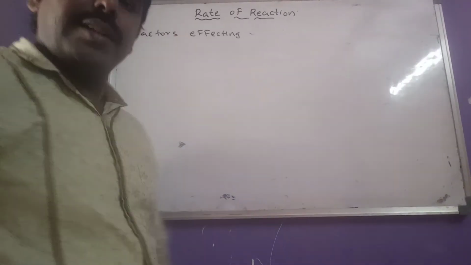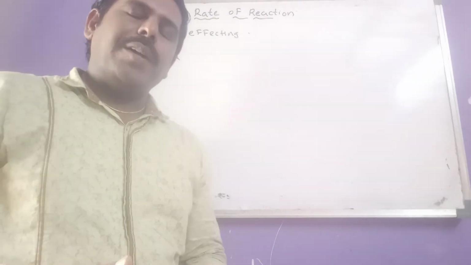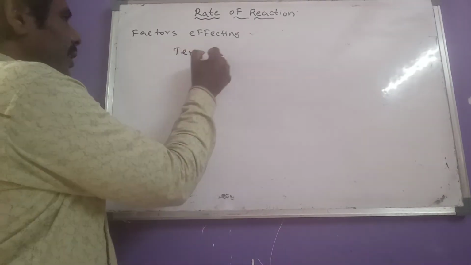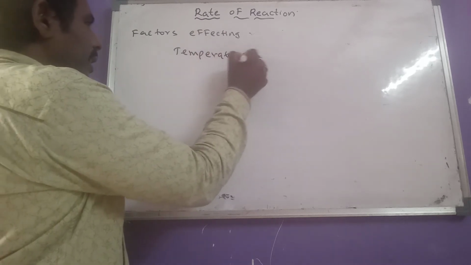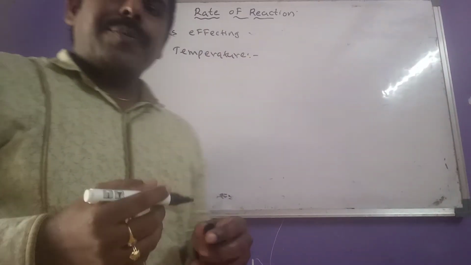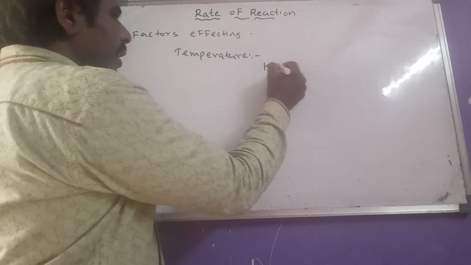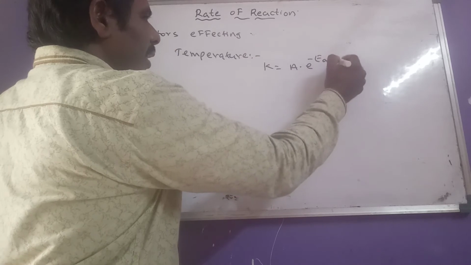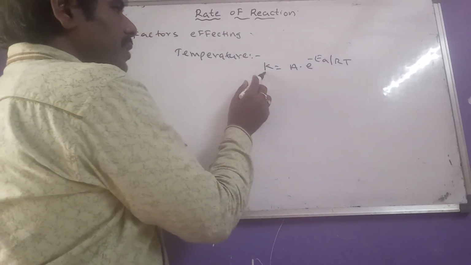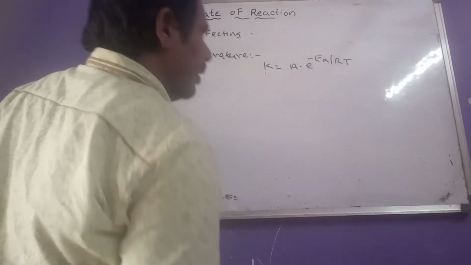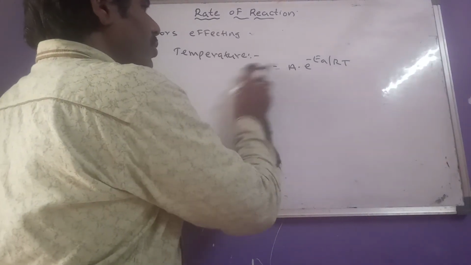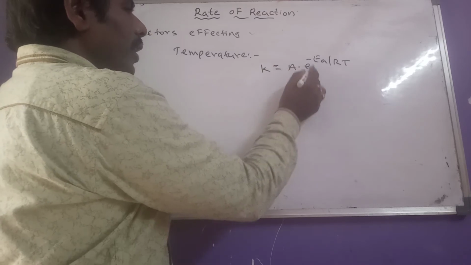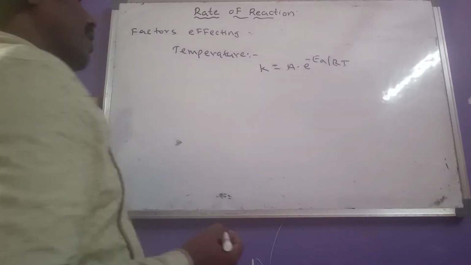Then the third factor which can affect the rate of reaction is temperature. So see what is the effect of temperature here. Generally the rate constant k is related to temperature by the Arrhenius equation. k equals A times e to the power minus Ea by RT.